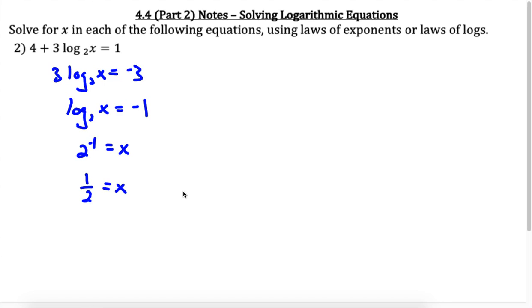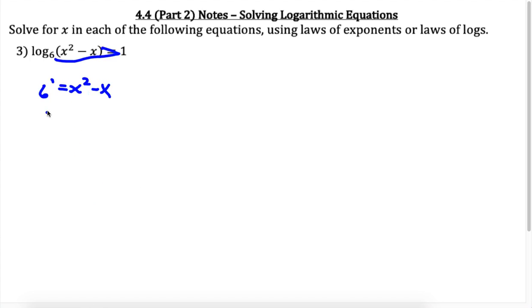Okay? Now, I actually already have a log equal to a number. So I can go ahead and say, well, 6 to the first power equals x squared minus x. Now to solve a quadratic, I just want to get everything on one side equal to 0, so I'll subtract the 6 over.